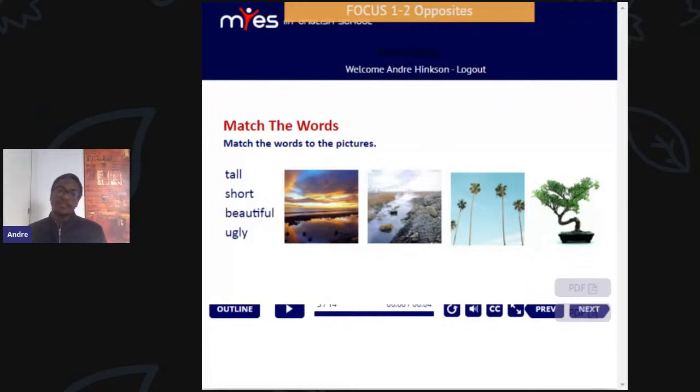So for me, this is a very common picture of the sun setting, of a sunset, basically. So this is a picture of a sunset. Yeah, so remember a sunset.